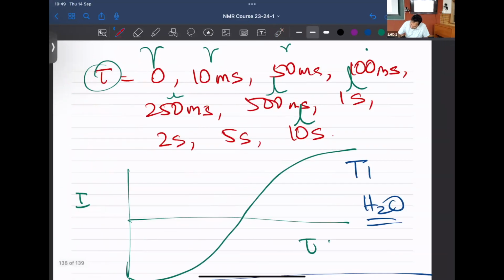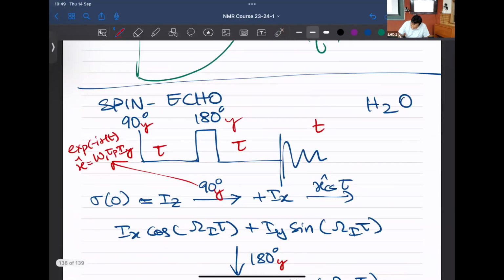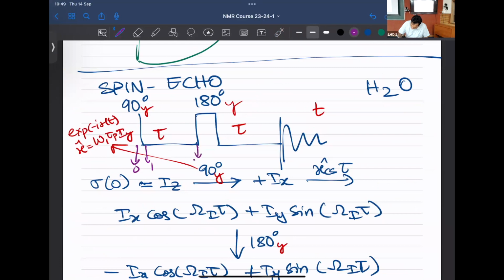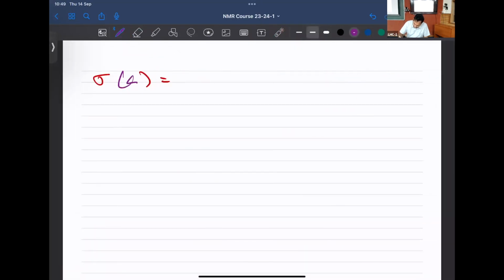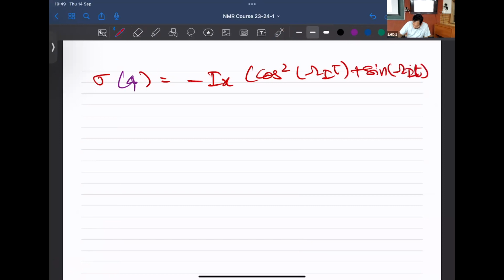Let's add numbers to this. This is 0, this is 1, this is 2, this is 3, this is 4. So we are looking at density matrix at position 4. So it just reduces itself to Ix times cos square omega I tau plus sine square omega I tau, which is just going to be minus Ix.